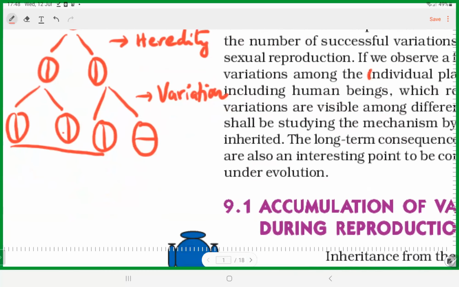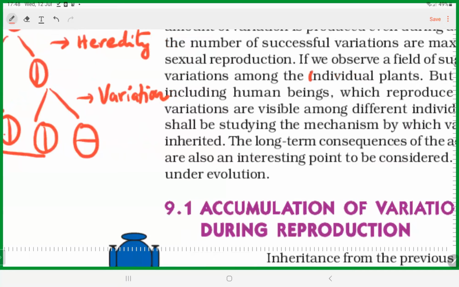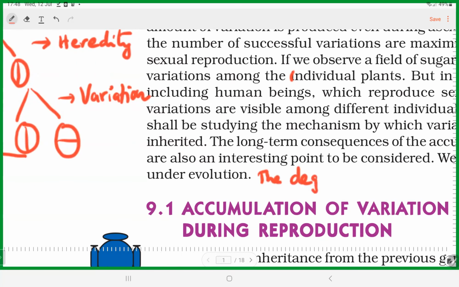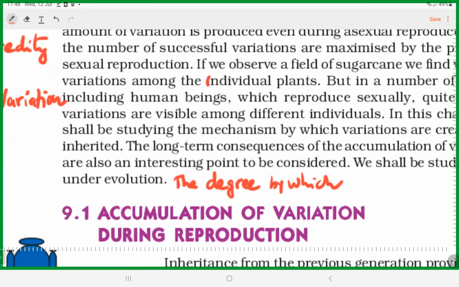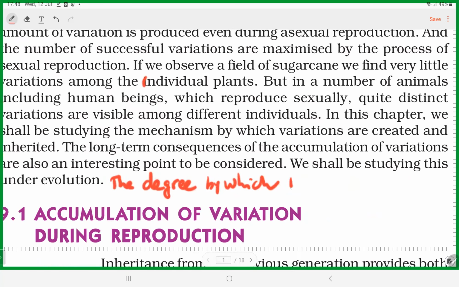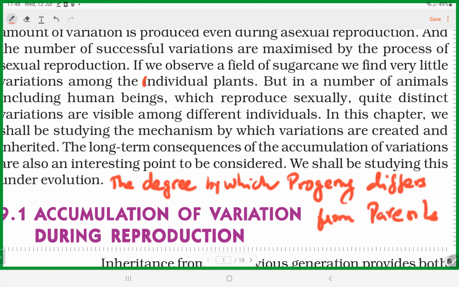The degree in which progeny differs from parents. That is called variation.